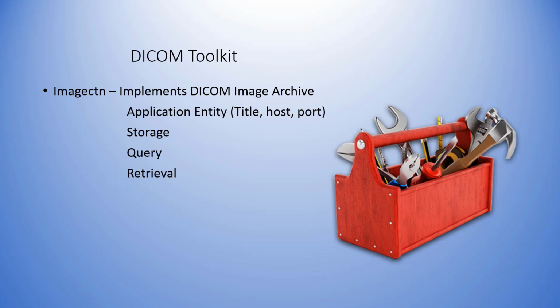And what we do is store the information, retrieve the information, or query the information. So I can query or find whatever information is in the application entity, and once I find it, I can go ahead and do what? Retrieve it. So the Image DICOM toolkit is used with the PACS archive to find, store, and retrieve data.